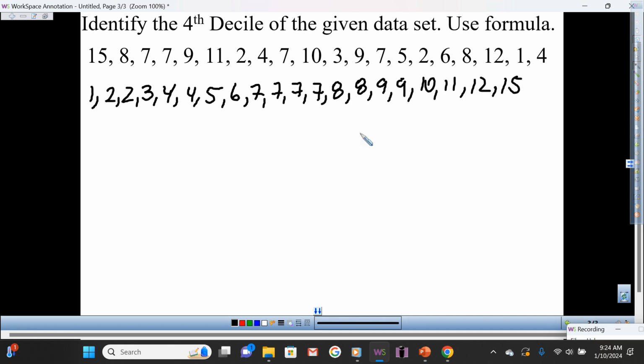All right, so now that we have it in order, we use our formula. D of K, K over 10 times n plus 1. All right, do the computation, and then find me the 4th decile. I'll give you some time. Go.